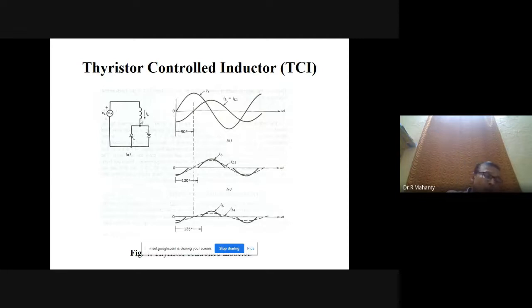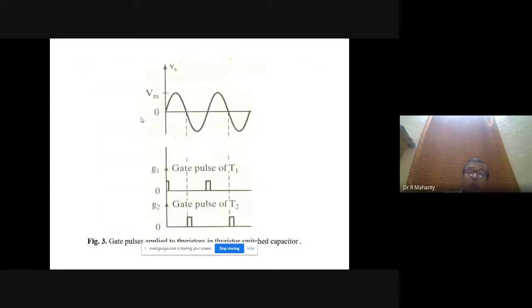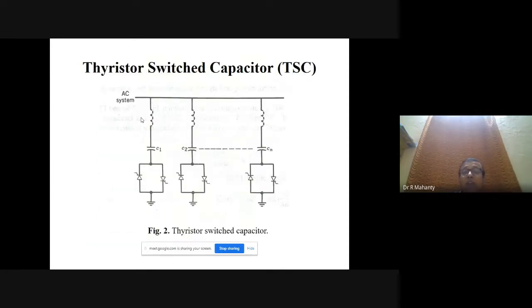Okay, fine. Thank you. So with thyristor switched capacitor, you have to use thyristor controlled inductor. Therefore, we have understood that the thyristor switched capacitor gives us fixed values of capacitors.